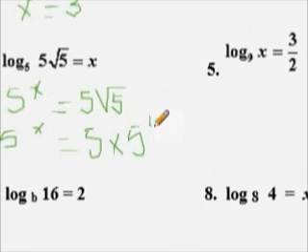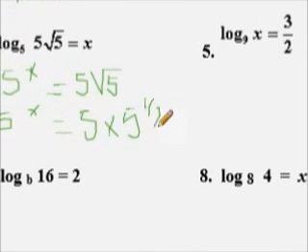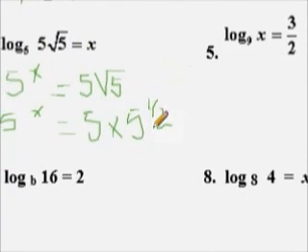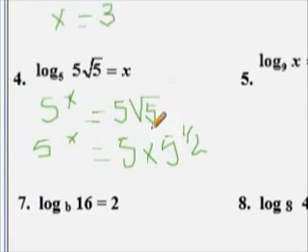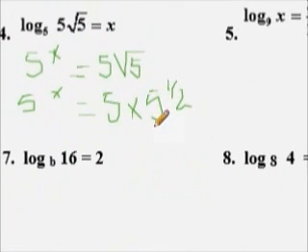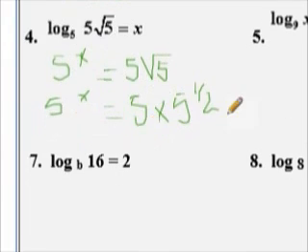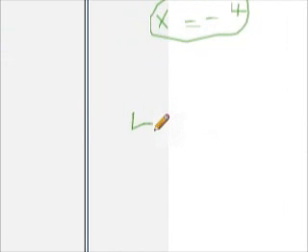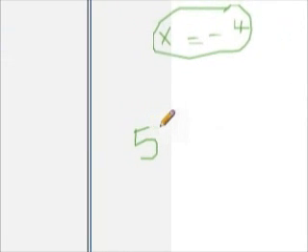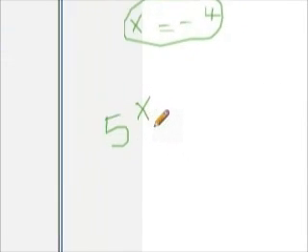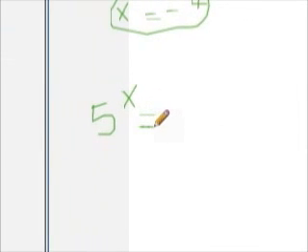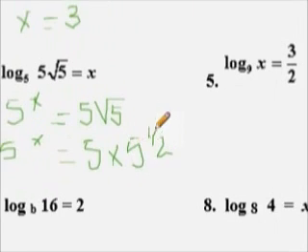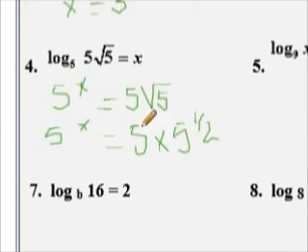That's another way to write the square root of 5. So I just write the square root of 5 another way. Let's keep working on this. So 5 to the power of x equals, remember we had 5 times 5 to the power of 1/2, so I'm just going to add the exponents.